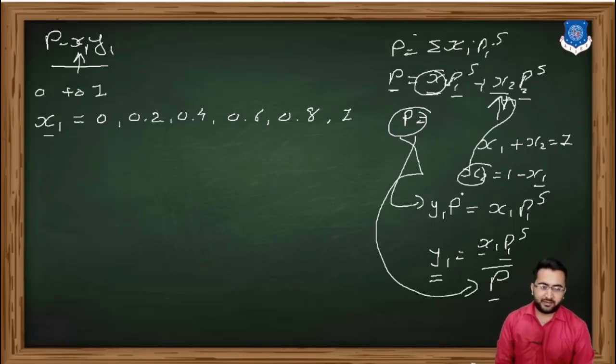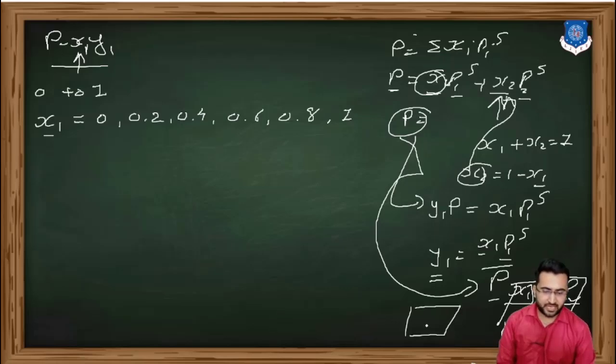Using all these values of x1, y1 and P, we make a table at different compositions and make the chart.